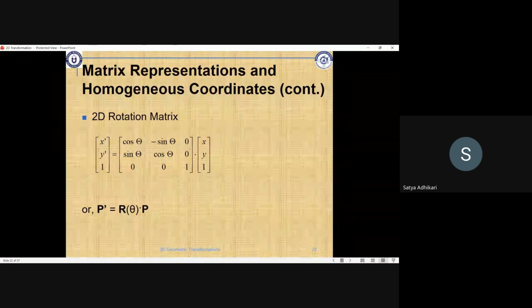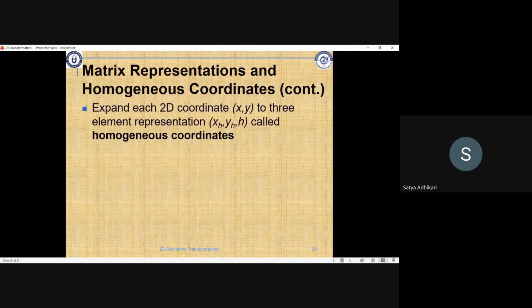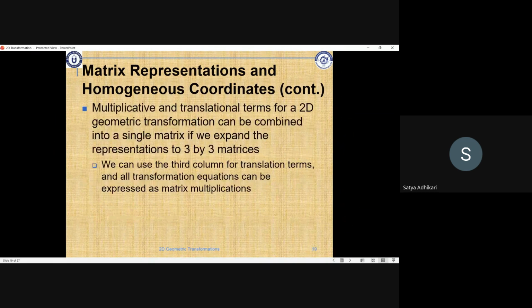You see, the same matrix representation of homogeneous coordinates of the rotation matrix. It's the same thing in a rotation. Where is the rotation matrix?